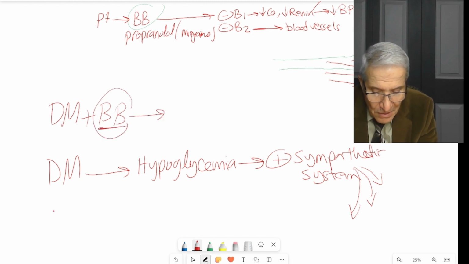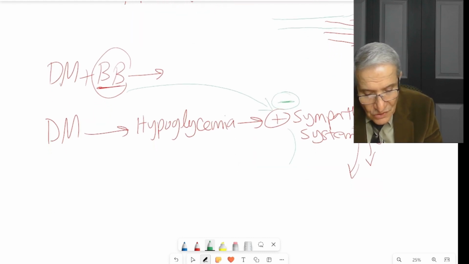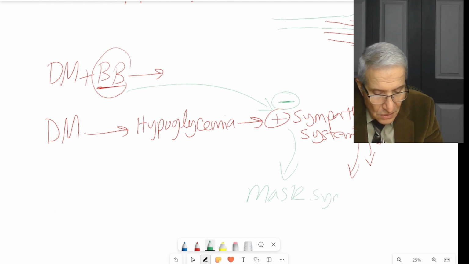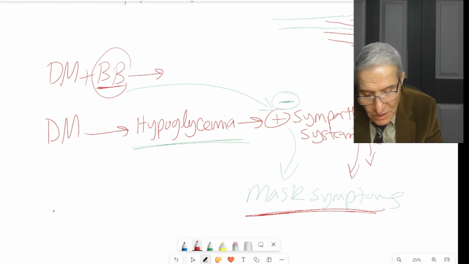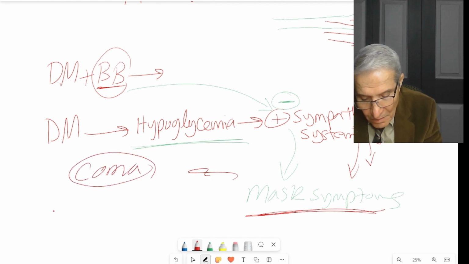What happened with the beta blocker? Beta blockers block the sympathetic system. So when you block the sympathetic system, you mask symptoms of hypoglycemia. The patient will suffer from severe hypoglycemia, and it may progress to coma and could be death.